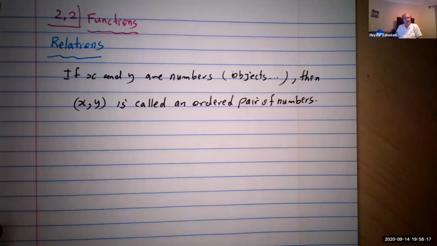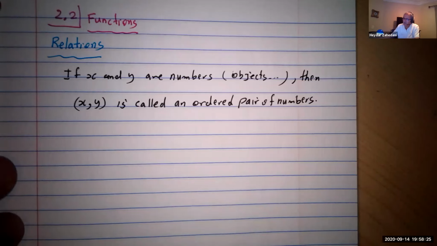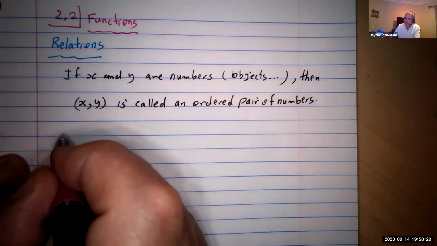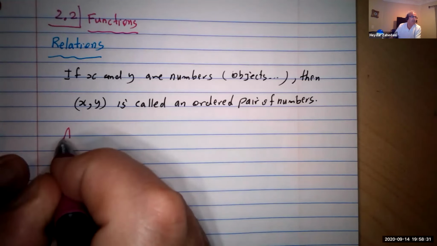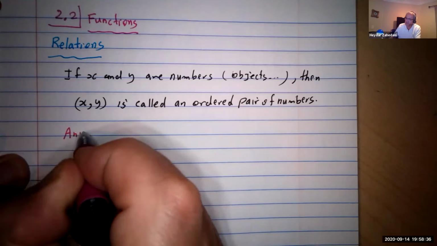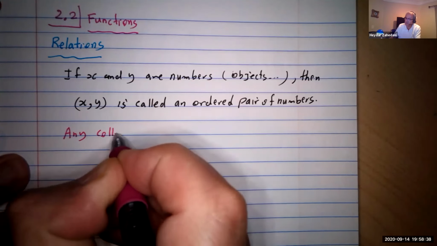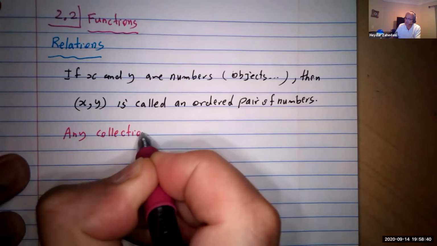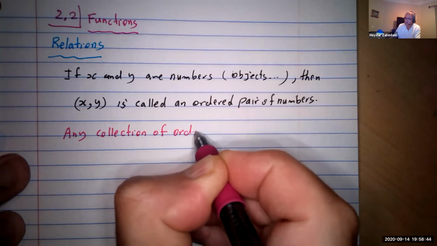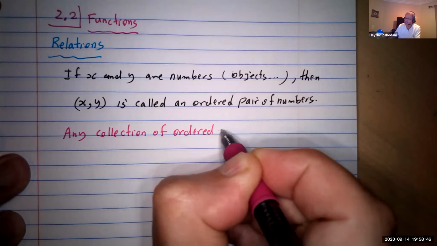So a relation is a collection of ordered pairs, some ordered pairs that you are very much interested in. Any collection or set of ordered pairs.